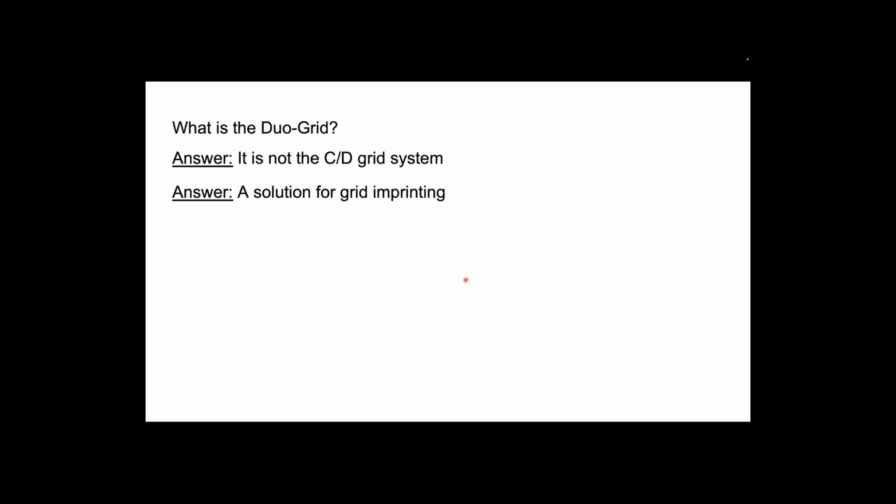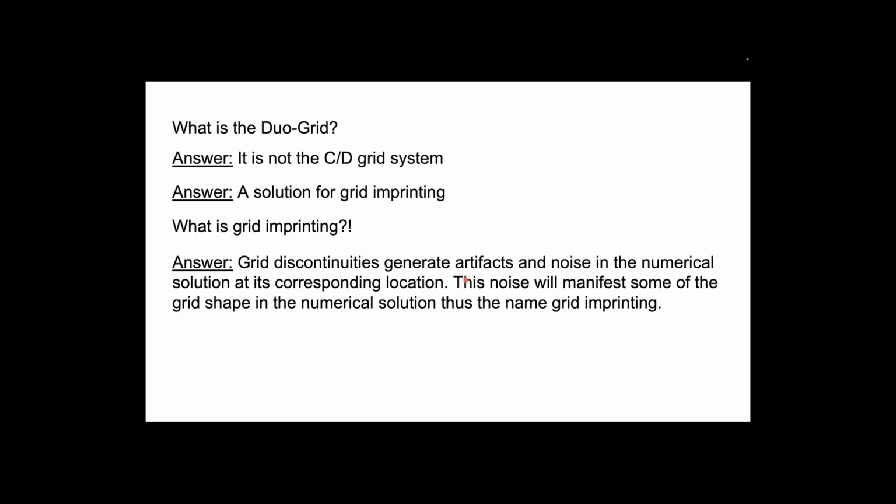So what is the GeoGrid then? It's not the CD grid system, but I will show you why. I will also talk about them later. It's a solution for grid imprinting. If you're not familiar with grid imprinting, it is when there is a discontinuity in the grid, and that discontinuity will generate artifacts or noise in the numerical solution.